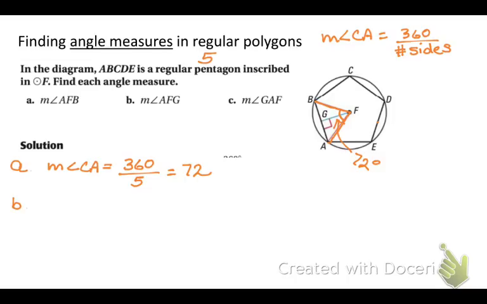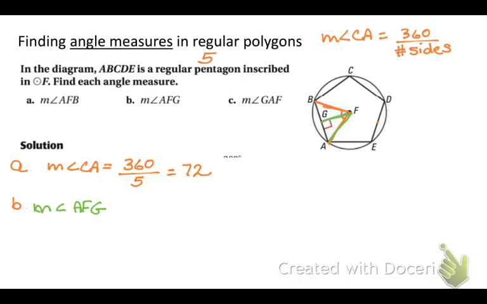Now, they are going to want to look at AFG. So we know this whole angle is 72. Now they want you to find the measure of angle AFG. Where's AFG? AFG is here.